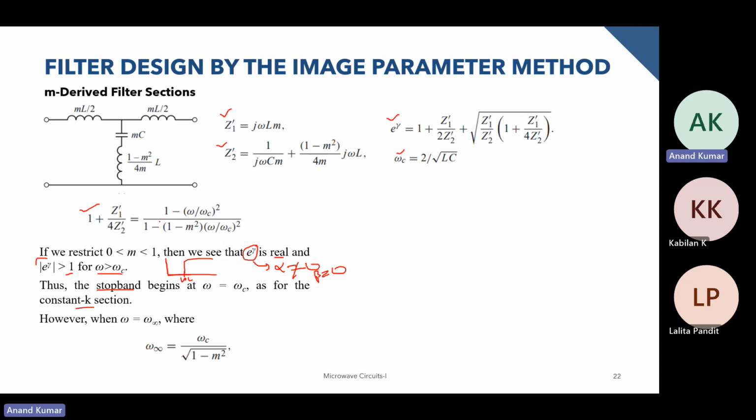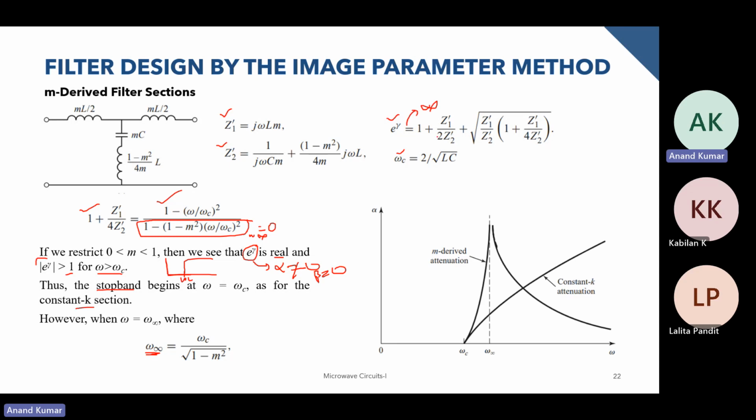If you equate this denominator to 0, we get a frequency omega infinity, where this term becomes 0, and at that frequency this whole thing becomes infinite. So we have an omega infinity over here as well.